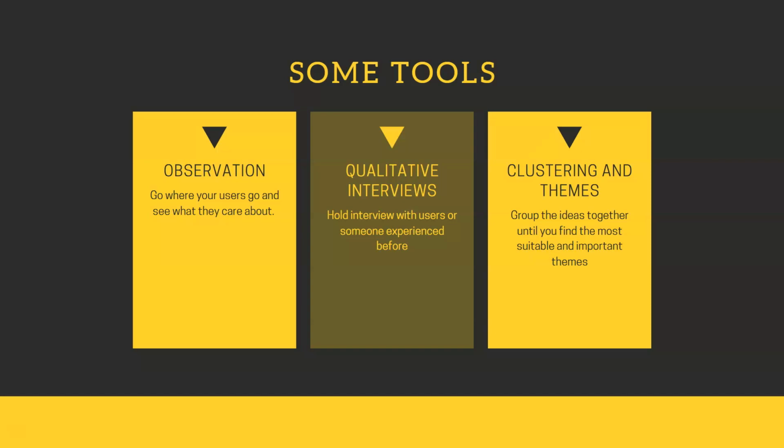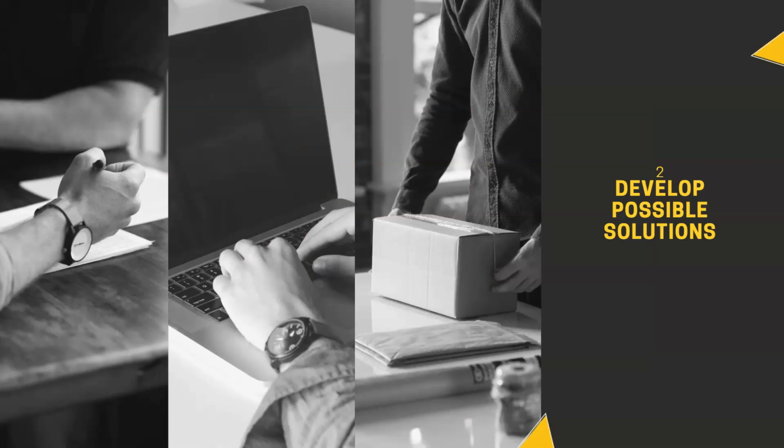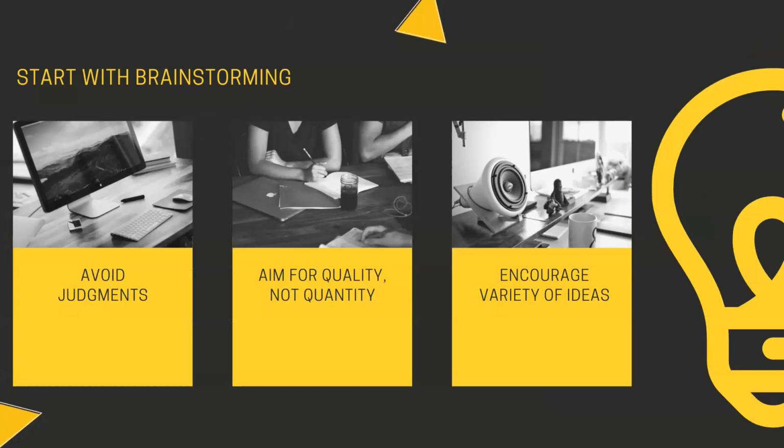How can you do this? You write down ideas and see the similarities of the problem that you want to solve, or maybe the solution that you have, and you group them together, and from there you refine and find the suitable and important themes for each cluster. Then we can start to develop possible solutions.